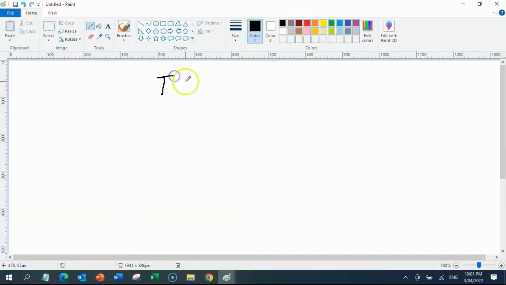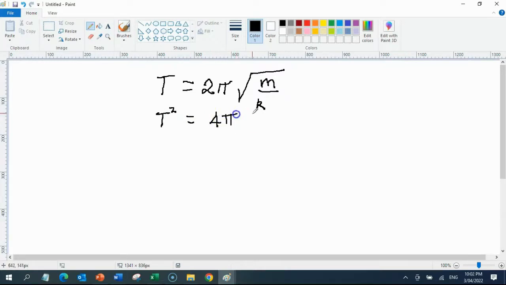T is equal to 2 pi root m over k. Now, if I square both sides, I get t squared being equal to 4 pi squared m over k.